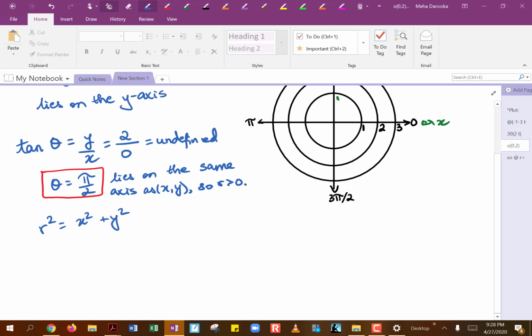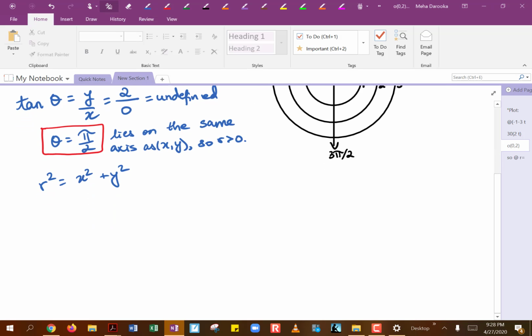So we can say r is greater than 0. So when you take a square root on both sides, you just have to worry about the positive r value, and you don't have to worry about the negative r. So we are basically discarding the negative answer, okay?